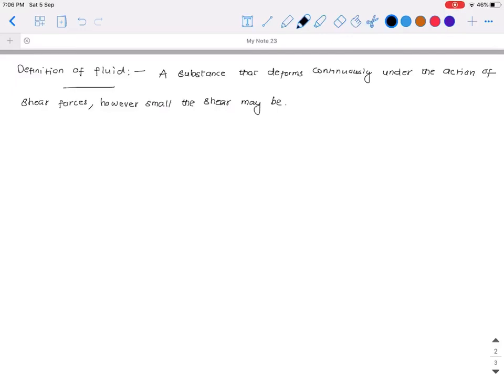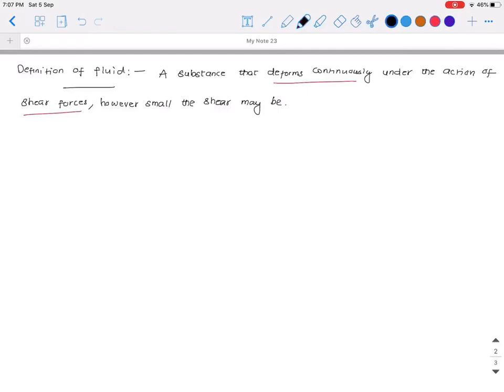Okay, so the key point here, again, I am stressing it, is the continuous deformation. A fluid deforms continuously under the action of shear forces, however small the shear may be. Even if the shear is very, very small, the deformation will be continuous.